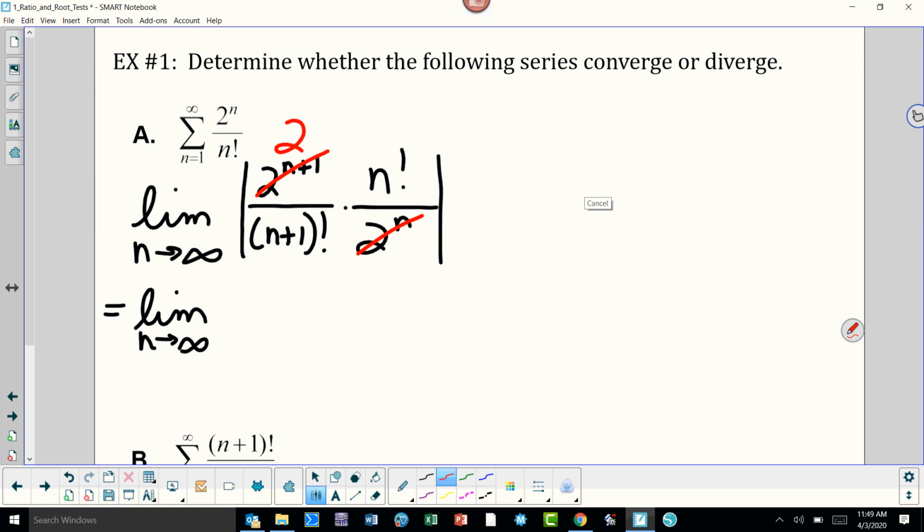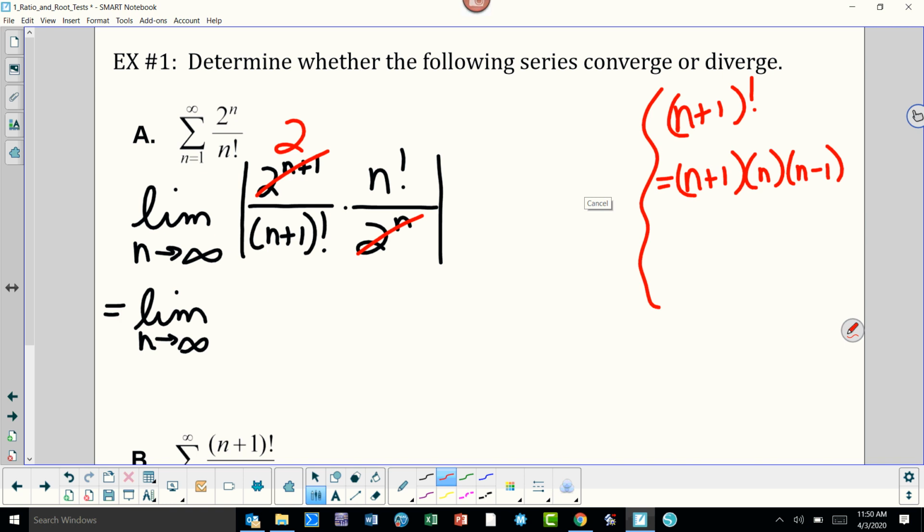Then n factorial and n plus 1 factorial. So what we need to remember is that n plus 1 factorial means n plus 1 times n times n minus 1 and so on times 3 times 2 times 1.